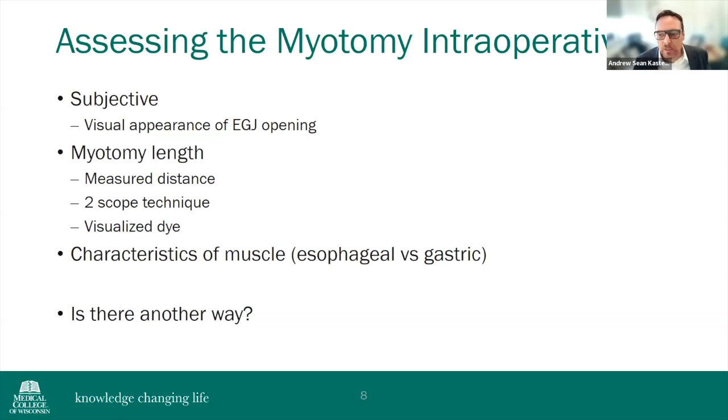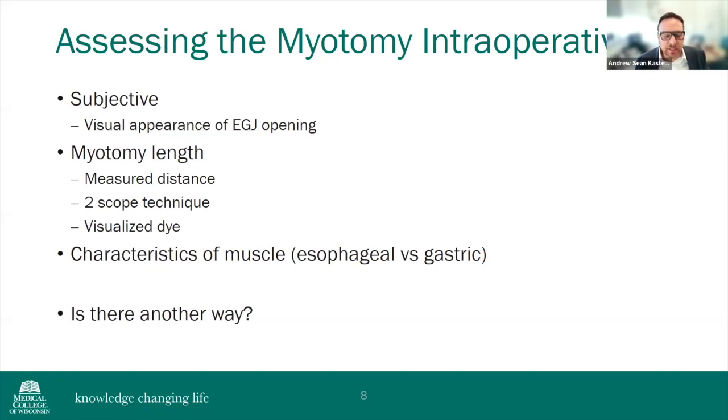So, subjectively, we would look at the endoscopic appearance of the EGJ opening, and you'd start the case, it'd be a pinhole. You do your myotomy, and you want to see that release and see that it opens. We'd measure myotomy length, which I still do. It's not terribly accurate, but it gives you a starting and ending point.